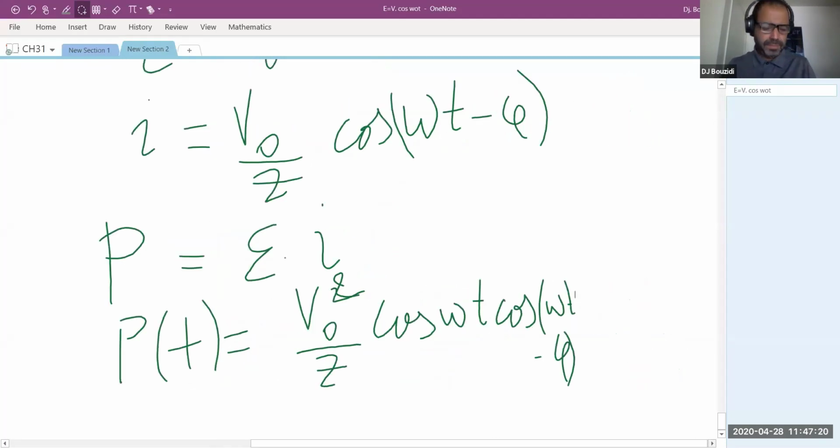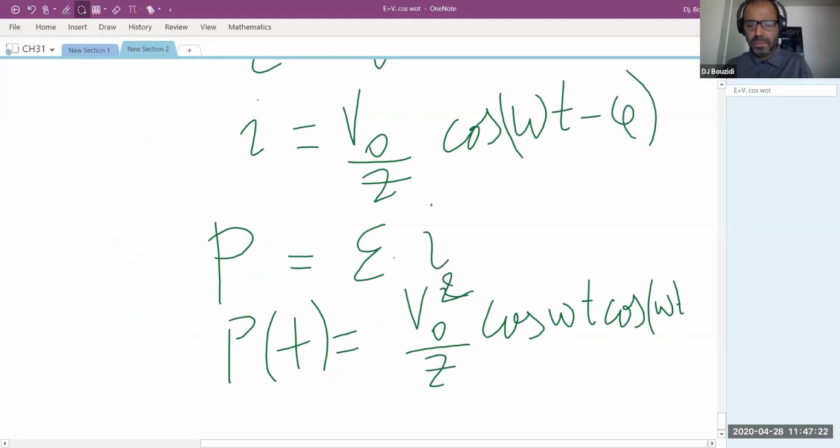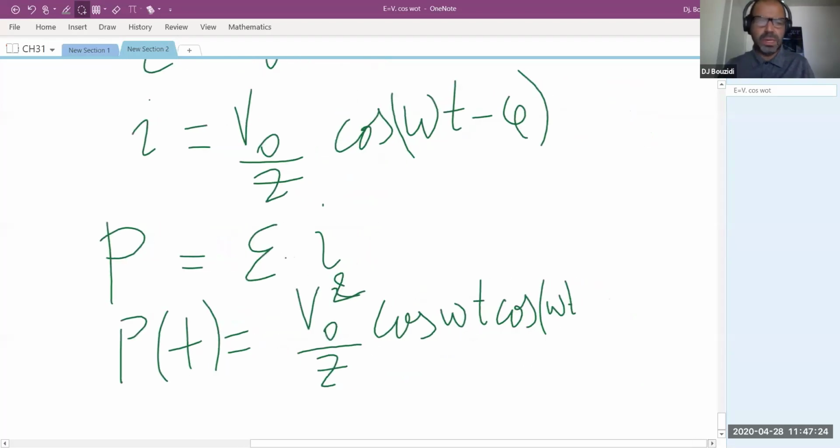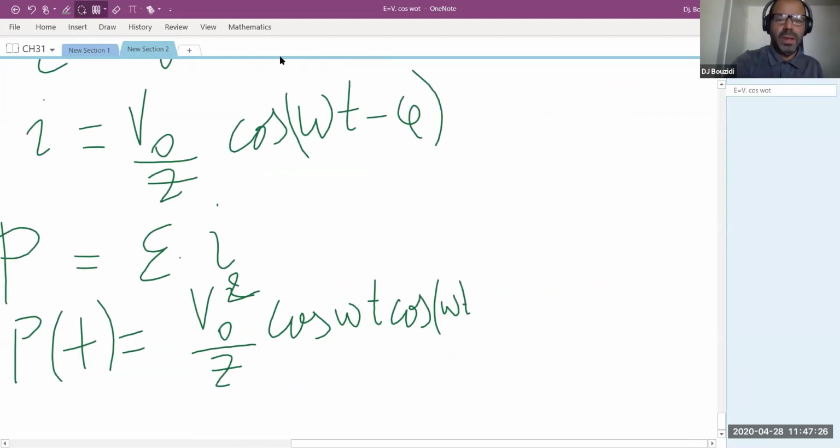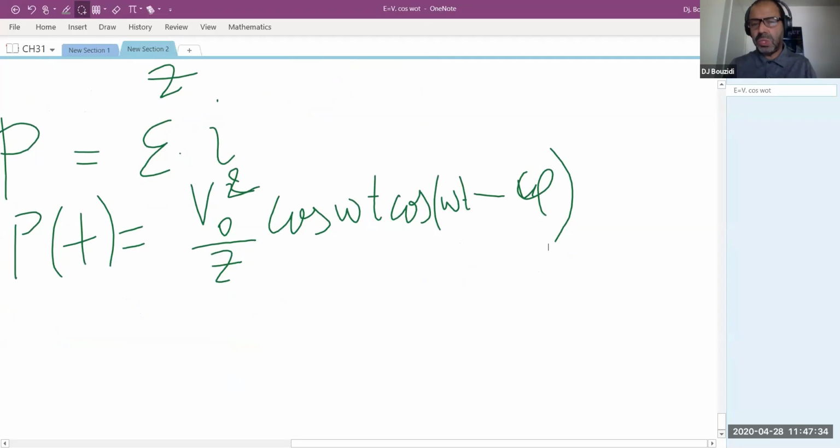Let me write this expression, minus phi, sorry. So this is how the power that is drained from the source looks like. We can use an expression for the cosine of omega t minus phi, I think it's cosine omega t cos phi plus sine sine. So the expression for the power then looks like this.